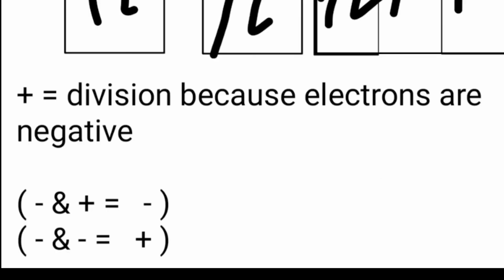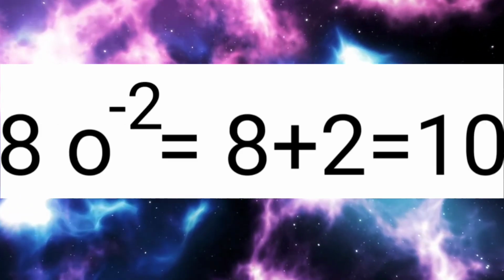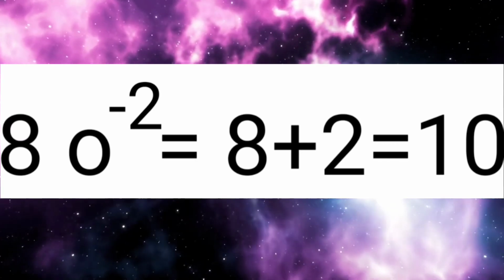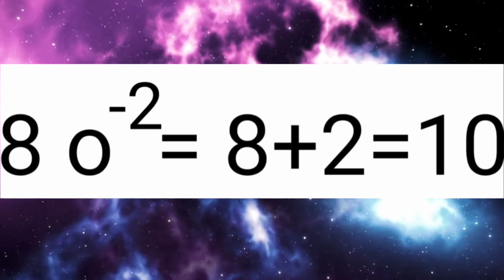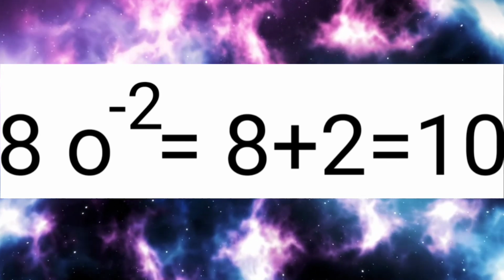Well, electrons are negative, and negative with positive ends up in negative, and negative equals positive. Same thing with -2. If there's a -2 after an atom, that means add 2 electrons to the electrons. Okay, so you have 8 electrons plus 2, that's 10.